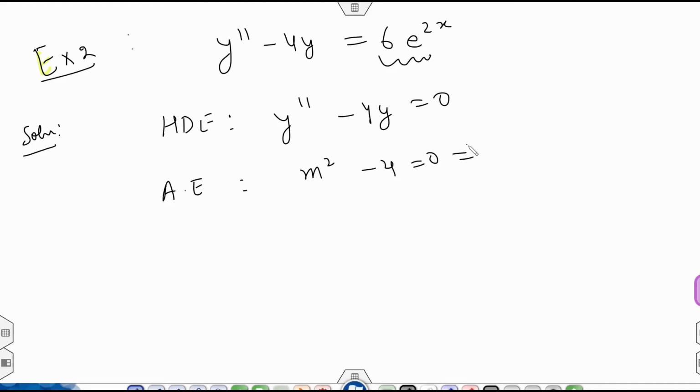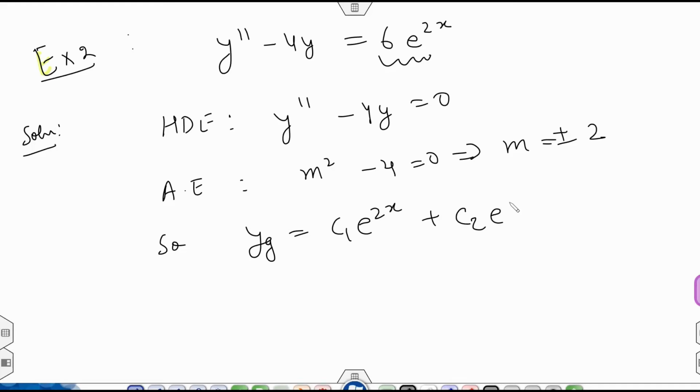This implies m = ±2. Therefore yg will be equal to c1 e^(2x) + c2 e^(-2x), since the roots are real and distinct.